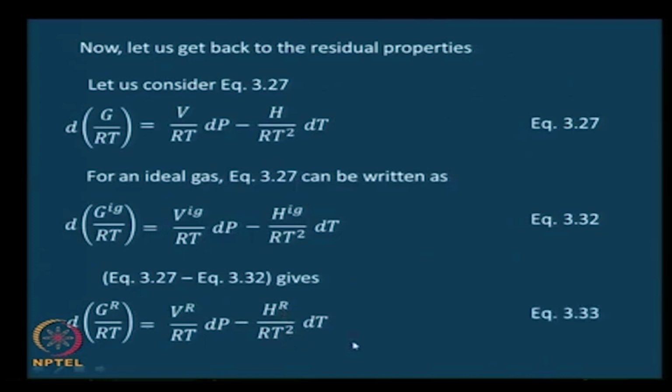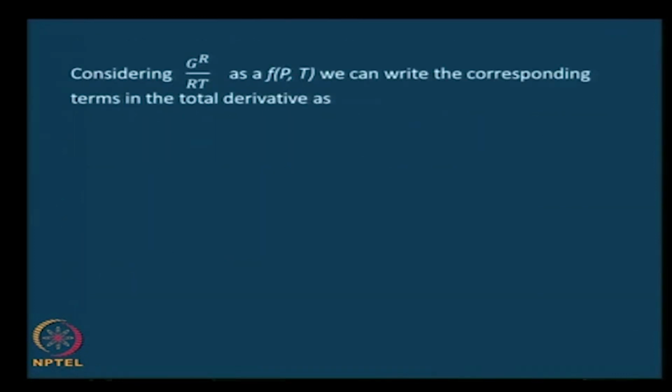Let us call this equation 333. Earlier we considered G by RT as a function of P and T and derived the other thermodynamic functions. Now, let us consider GR by RT as a function of P and T and let us write the corresponding terms.